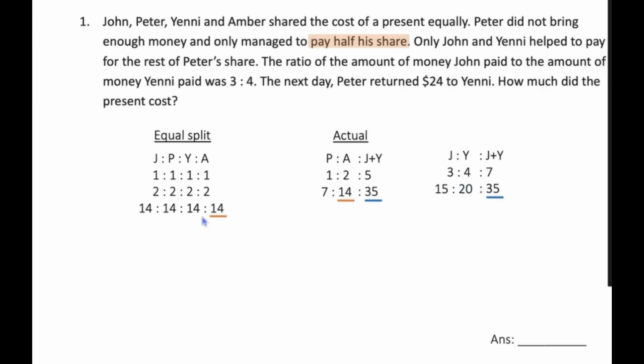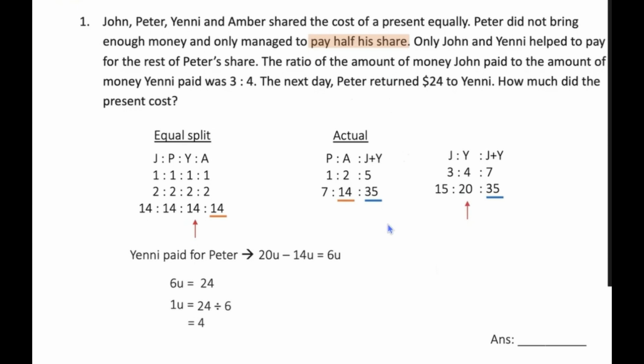See that? Yenny was supposed to pay 14, but in the end, Yenny paid 20. So there's a difference of 6 units. That 6 units is the amount Yenny paid on behalf of Peter. And that is why Peter returned $24 to Yenny. So 6 units is 24, 1 unit is 4.